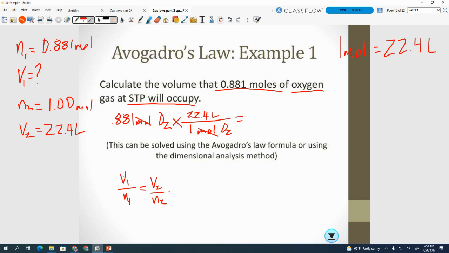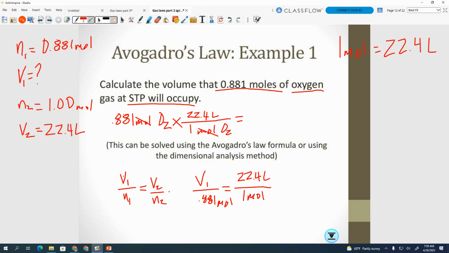So if I write this, V1 divided by 0.881 equals 22.4 over 1. So you could go 22.4 times 0.881 divided by 1, and that's your answer. Or you could do 0.881 times 22.4, and there's your answer.